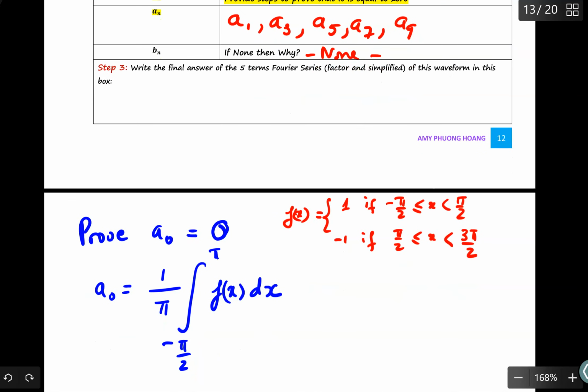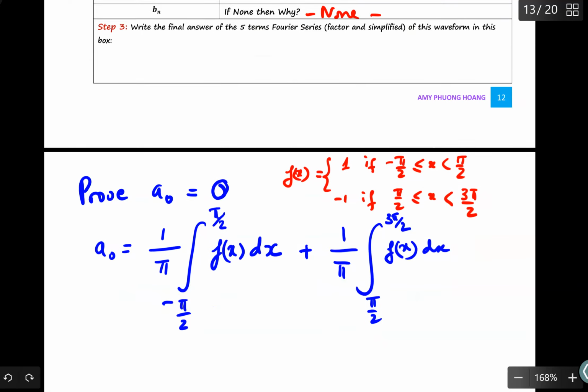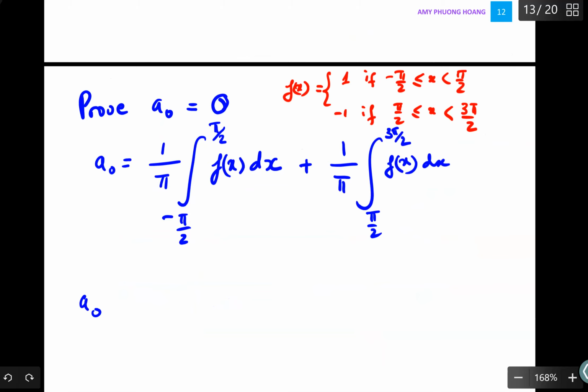So this is negative pi over 2 to pi over 2, and I add that with 1 over pi again, the function f(x) and dx, but I need to write from pi over 2 to 3 pi over 2. So A naught will be equal to 1 over pi. I factor out the 1 over pi.